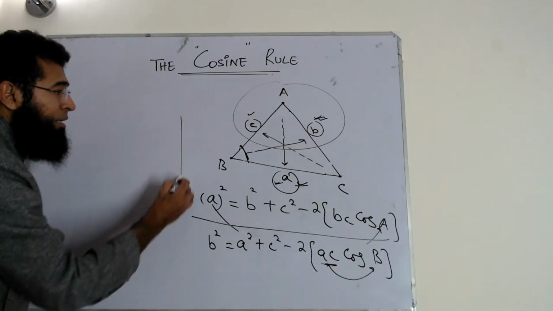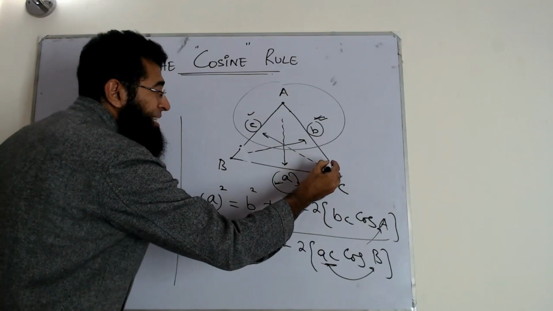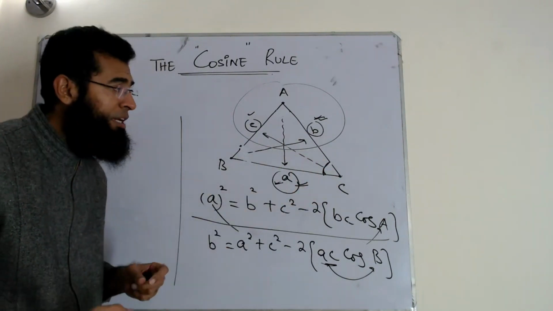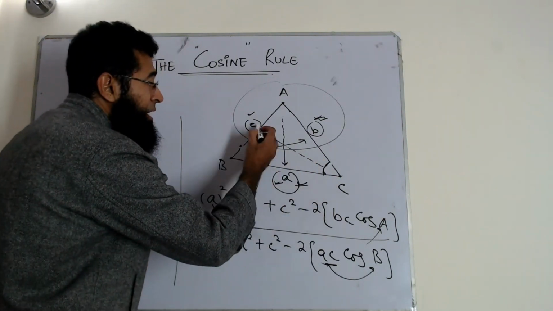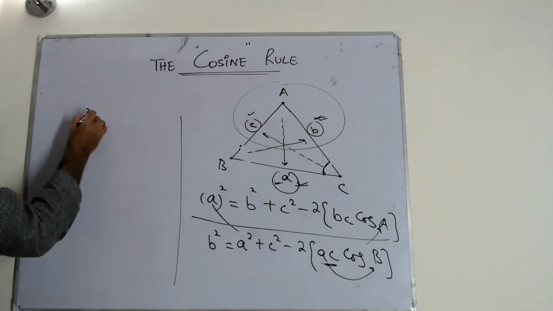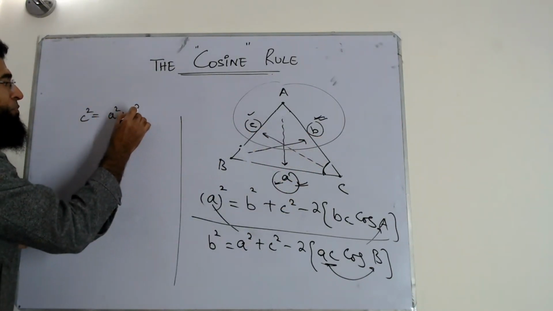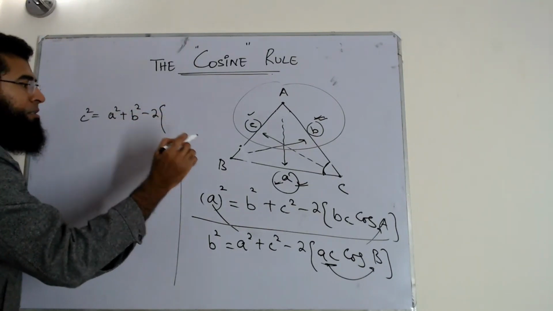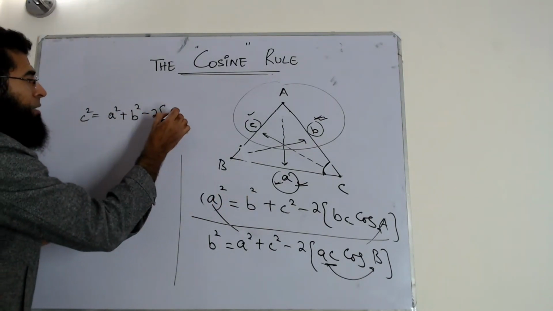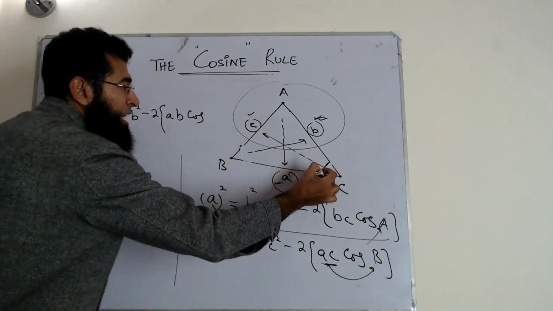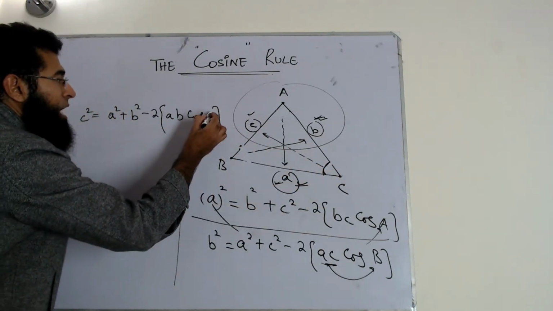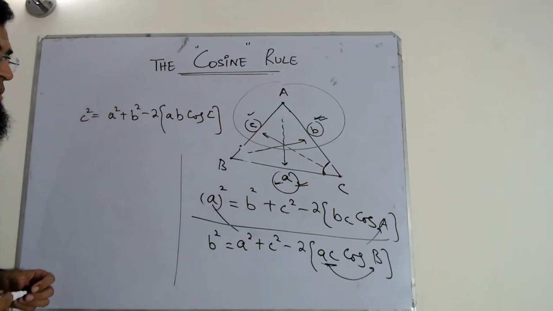And for example, if you are given this angle in a triangle, what will the cosine rule be? It will become c square is equal to a square plus b square minus 2 times ab, and cos of the included angle, which is cos C, right?